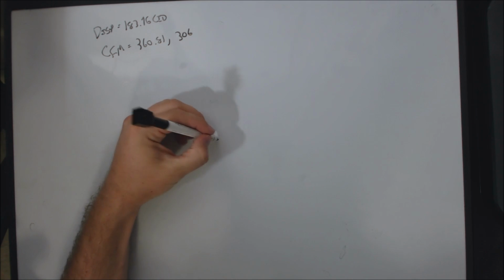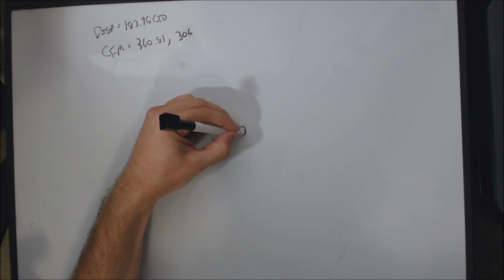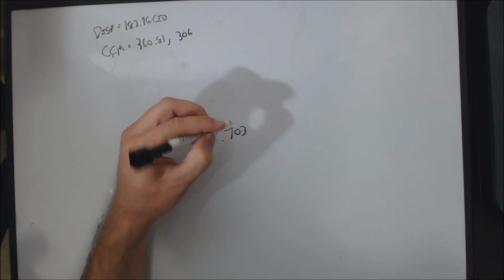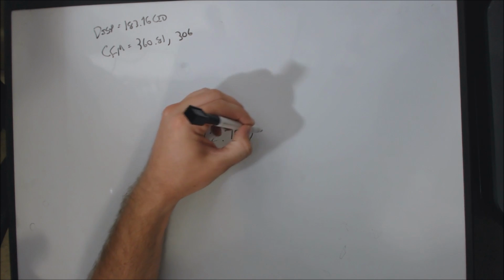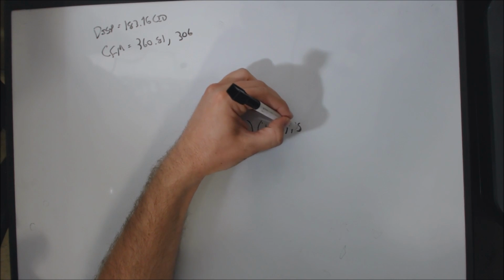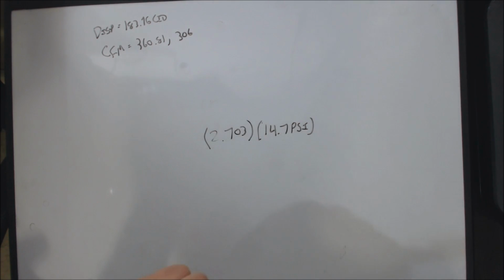Now that I know my ideal volumetric efficiency, I'd like to calculate my mass flow rate. And to calculate my mass flow rate, I'll get 2.703, which is a universal number, again, use it with any computation, times my ambient pressure. At sea level, we have 14.7 psi, and make sure that your pressure is in psi.